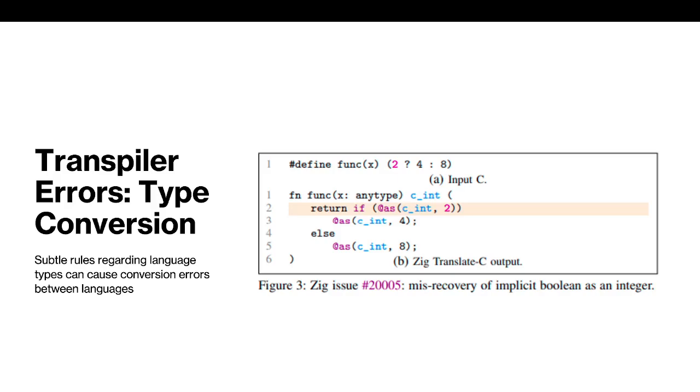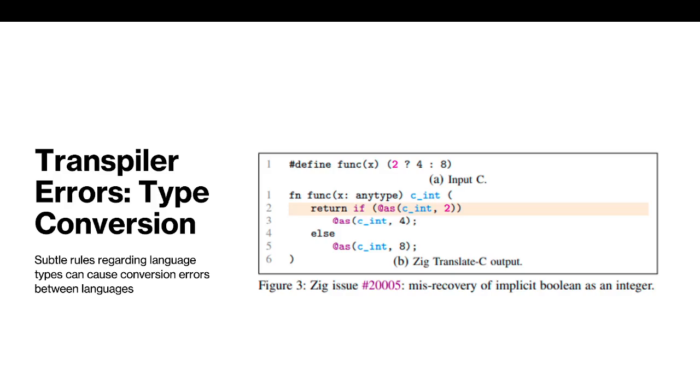Type conversion is another huge source of errors. Types, probably more than anything, vary across languages. These are hard to translate, and when we're going from a language such as C that has a relatively simple and flexible type system to Rust or Go, which has a much more strict set of type definitions, it's pretty easy to mess these up in some ways.